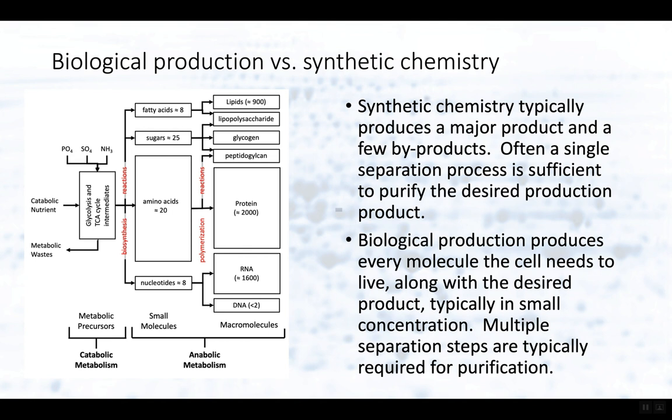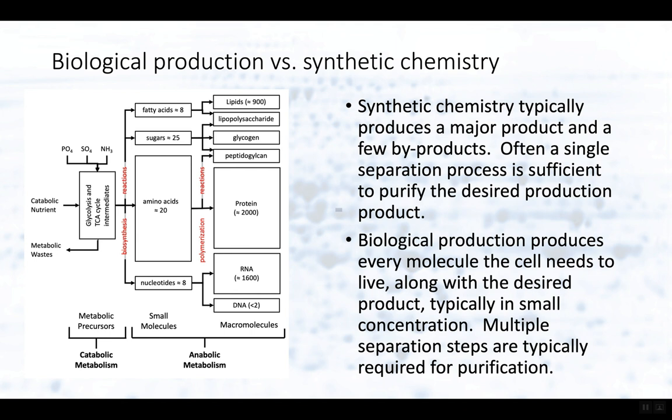There are post-translational modifications on those proteins. All of those create different molecules that, from a physiochemical perspective, are very, very similar and behave similarly in a lot of different separations.